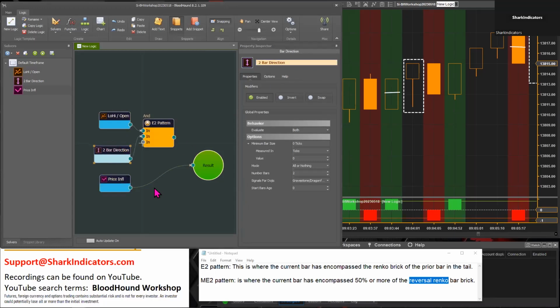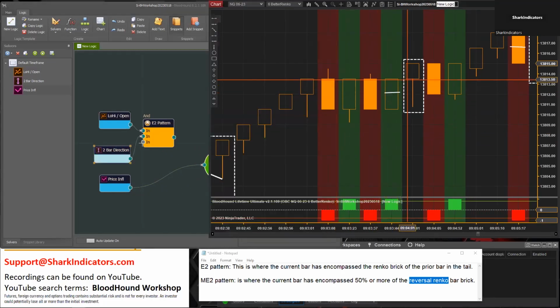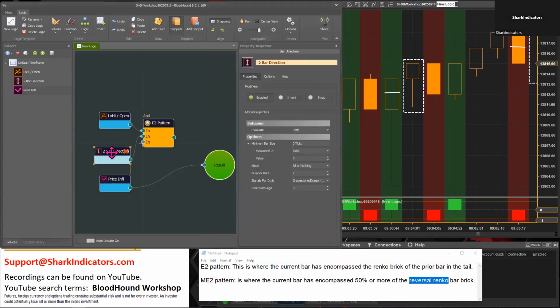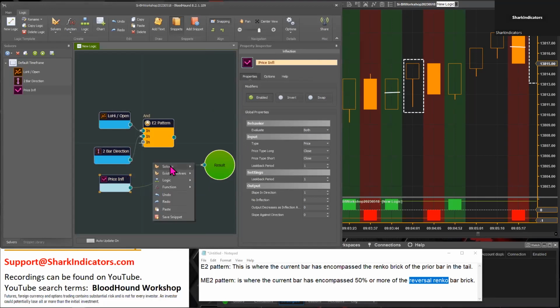That's what this is identifying. In other words, we want to make sure that the next bar needs to be a continuation bar. We want to make sure that we're not comparing reversal bars to reversal bars again, like we did with the E2 pattern. So we're going to use this 2-bar direction and combine it with this price inflection.